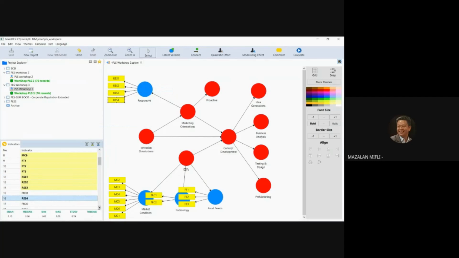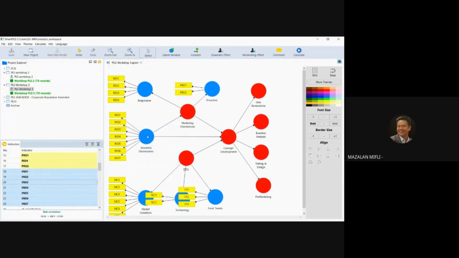Now we have the proactive. There you go. Then we have the innovations. All right. So there you go. Let them be the blue colors and red colors. So we are getting in there.